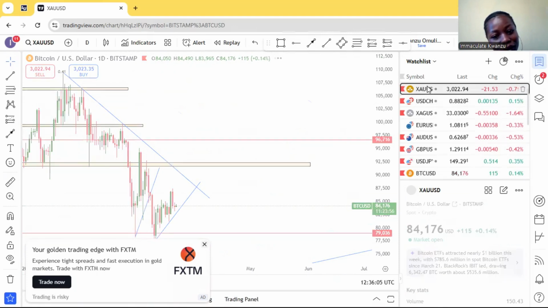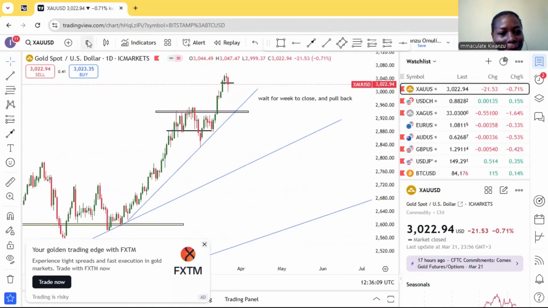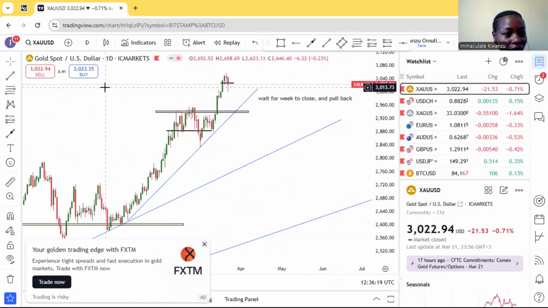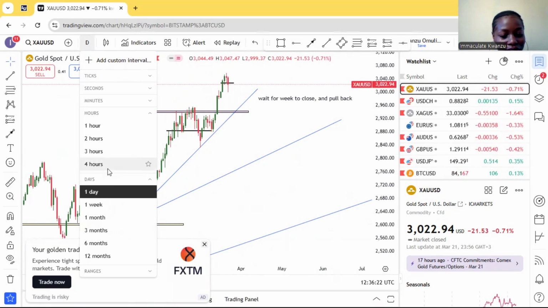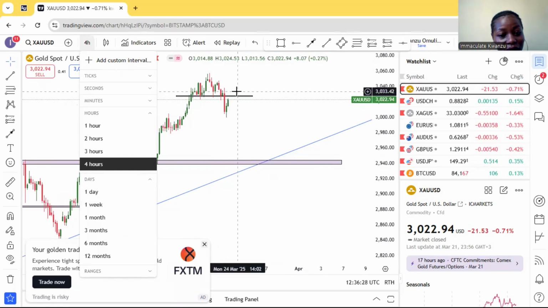And lastly, gold. I'm pretty not sure about gold at the moment. But on this pullback, we had a head and shoulders on the 4 hour, we broke it, and now we're retesting it.